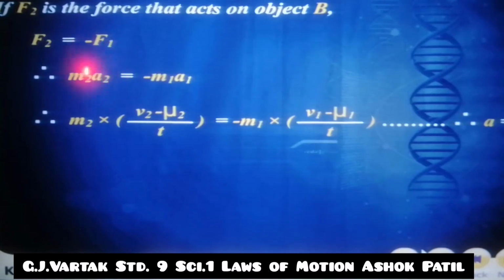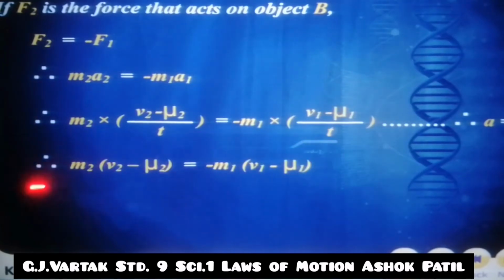Then substitute the value of a. t and t get cancelled here. Look here, the value of a substituted in this formula, and we make the next line. Yes, t and t will be cancelled.